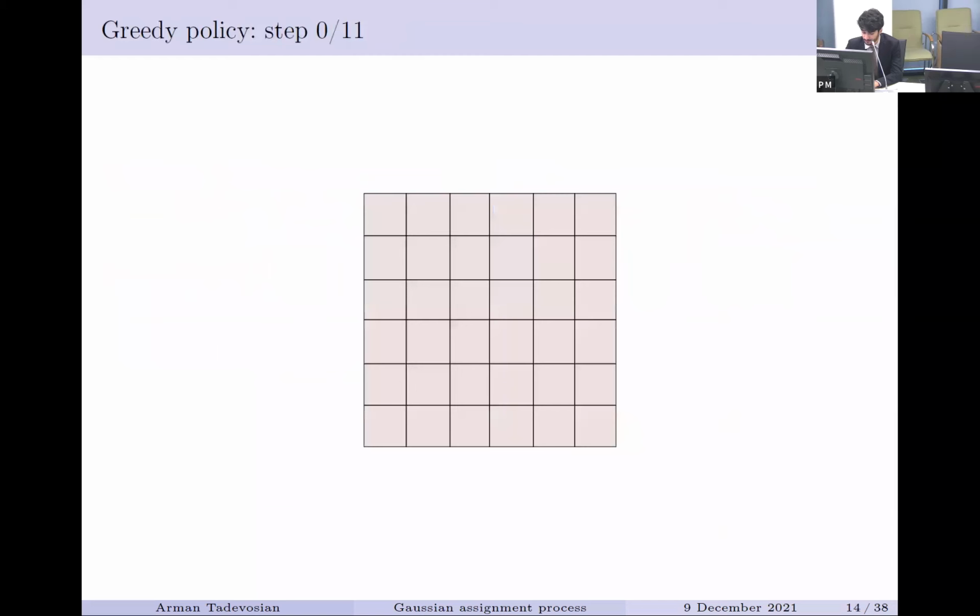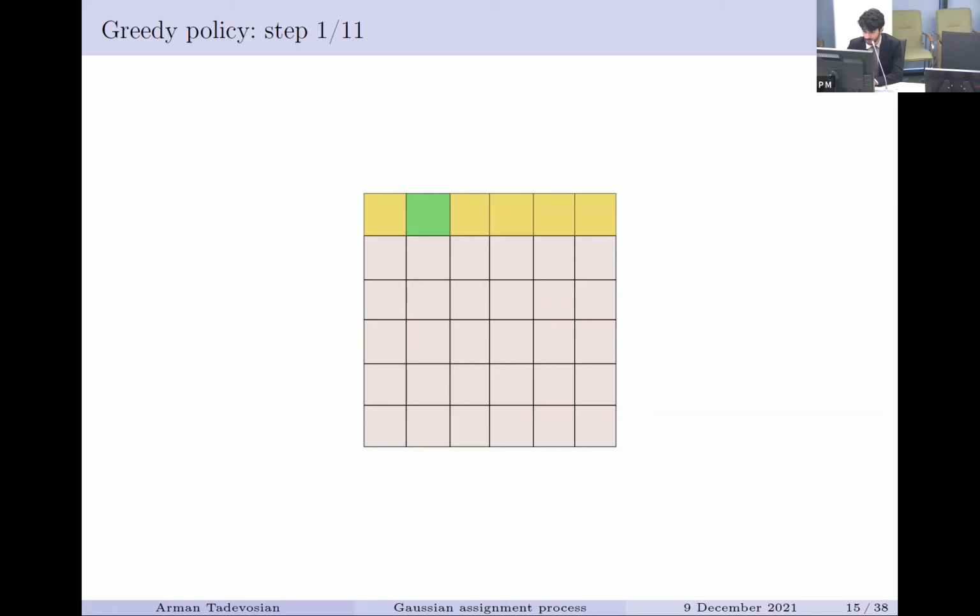I will provide an example of how it works. Consider a 6 by 6 square matrix, to which we want to apply the greedy policy. Here I represent the cost matrix X. At the first step, we take the maximum value in the first row. I denote the maximum value as a green square, and the entries that I won't take as yellow squares.